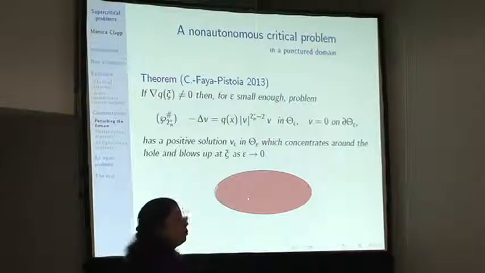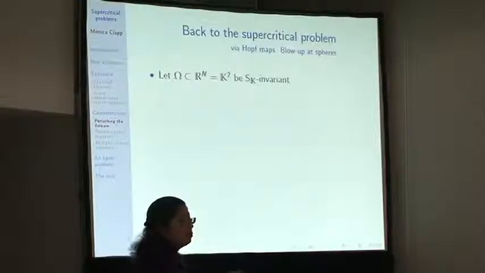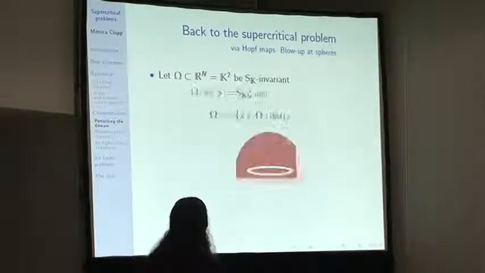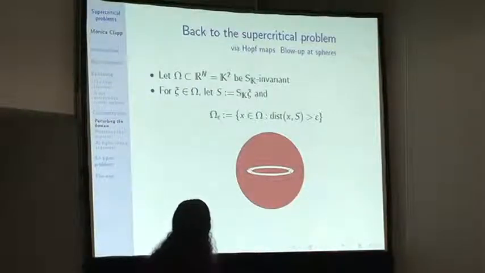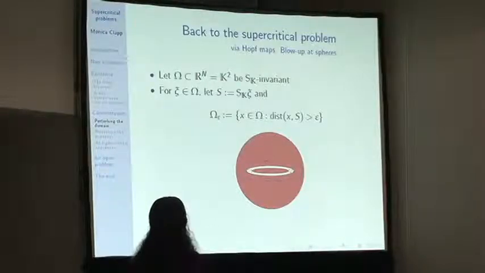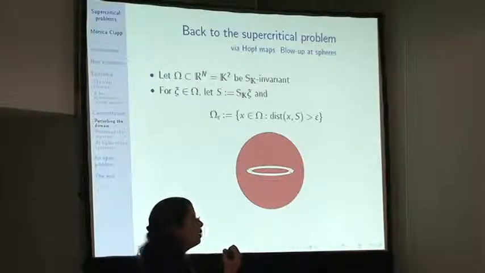So then we can use the Hopf fibration and go back to the supercritical case. So in the supercritical case, what do we have? We take a point in Omega, we look at its orbit under the group, under the unit sphere in K, okay? The orbit will be a sphere, and we take out a very thin tubular neighborhood of this sphere.